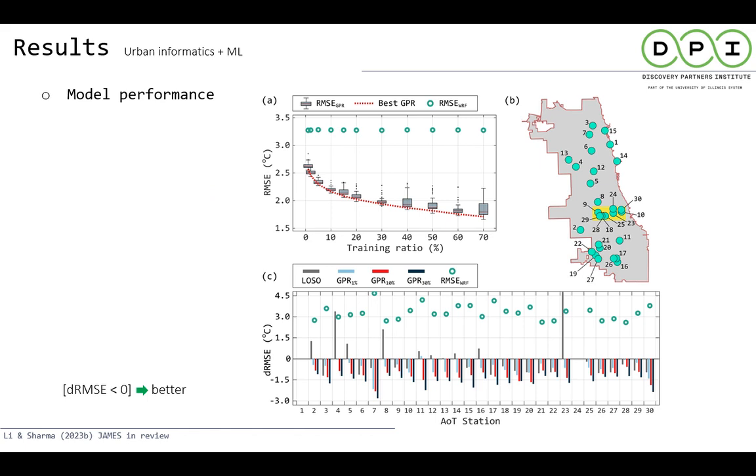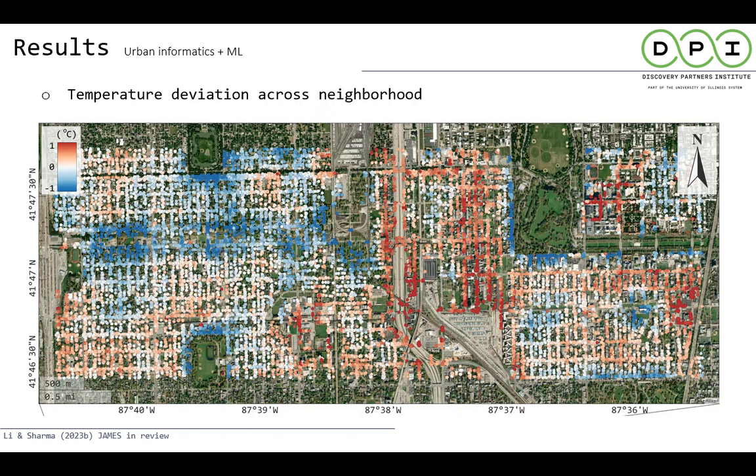Meaning that not all measurement locations are equally important. This indicates that we need to make observations at certain locations to further constrain the machine learning model to do its work.